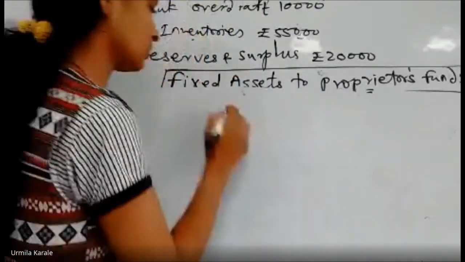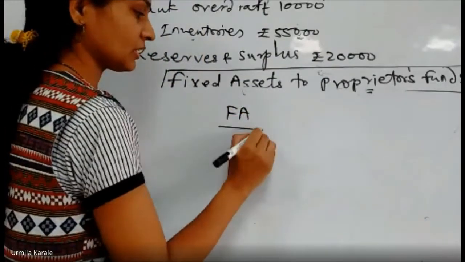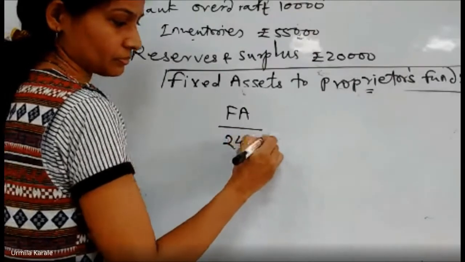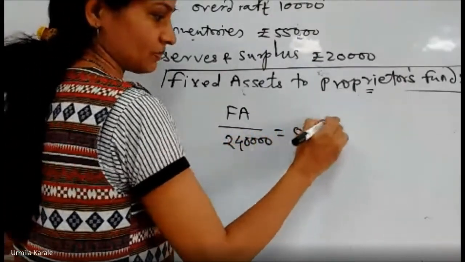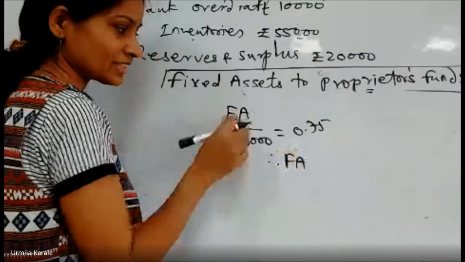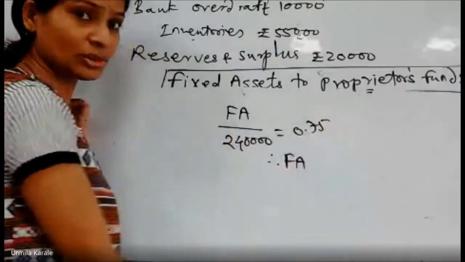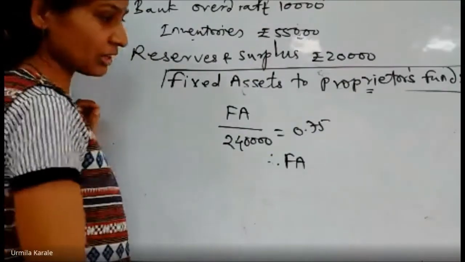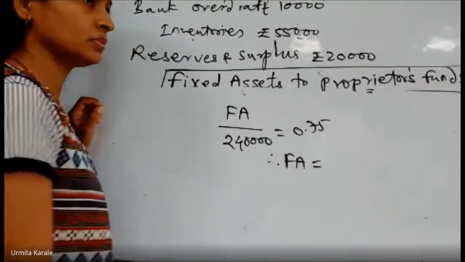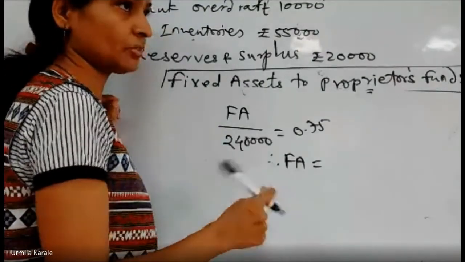Now, fixed assets upon proprietors funds, 2,40,000, equals 0.75. If you solve this, numbers to one side, this is divided by, here it will be multiplied by, so it will come to 3 parts, 1,80,000.